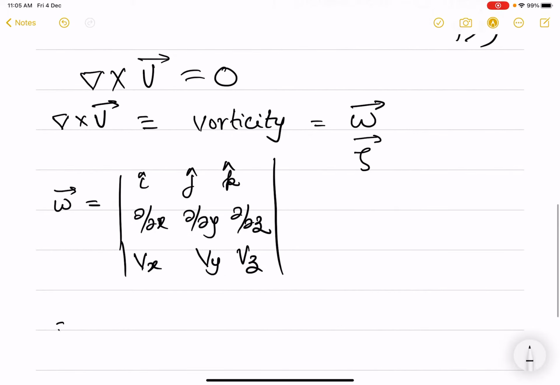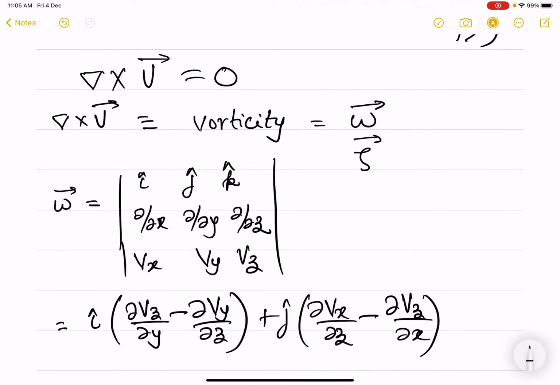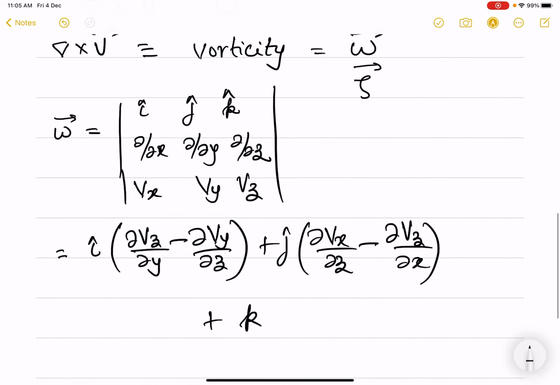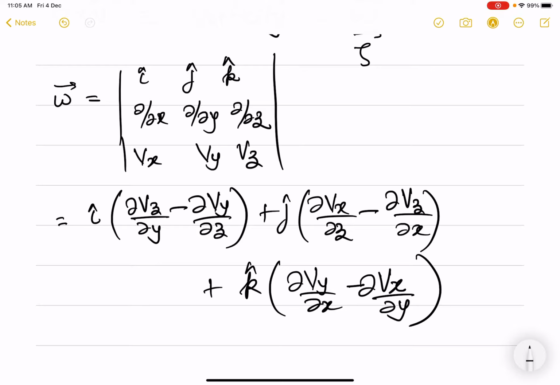This becomes i times partial Vz by partial y minus partial Vy by partial z, plus j times partial Vx by partial z minus partial Vz by partial x, and the third component k times the remaining cross derivatives.